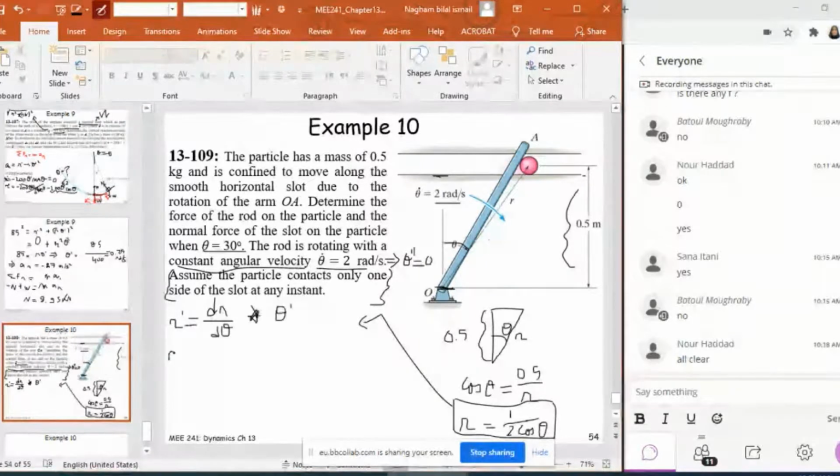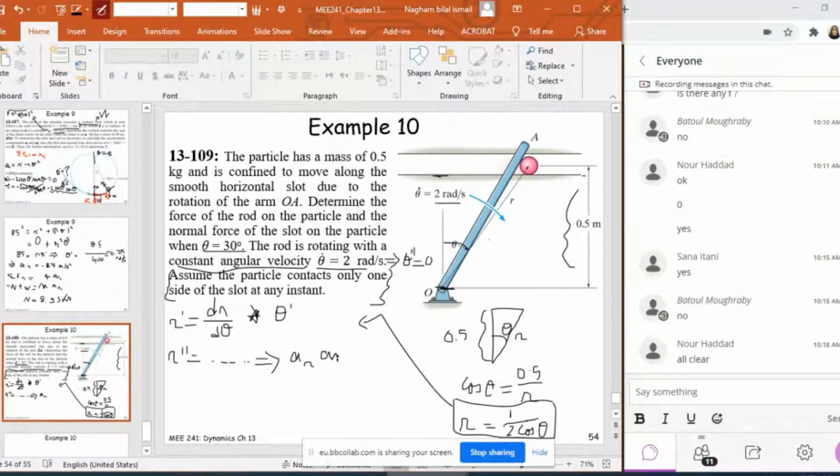All right? And if I know R dot, I can find R double dot. All right? So whenever, guys, I know R dot and I know R double dot, I can find what? I can find a_r and a_theta. And remember, guys, theta double dot is 0. All right? Theta double dot is 0.